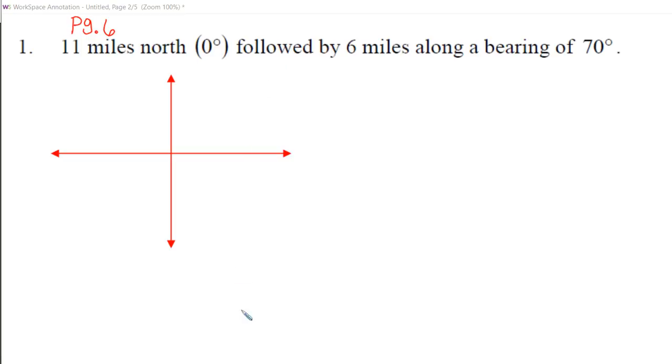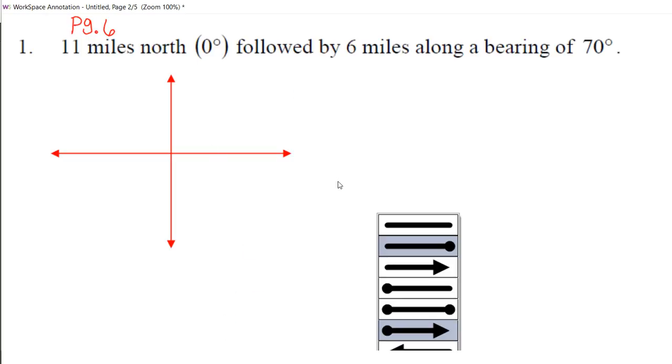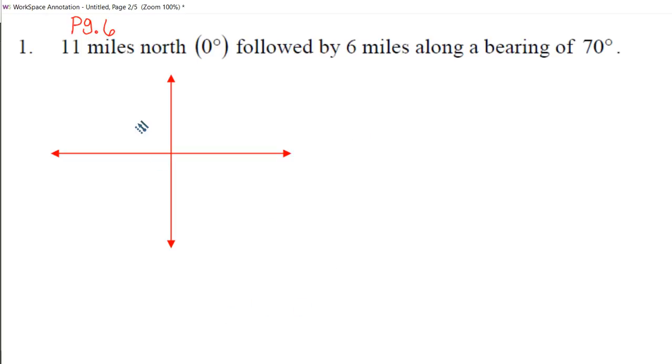So it says 11 miles north, which is 0 degrees. So let's go ahead and get there. I'm going to draw my vectors with this. So here we are, from 0 to there. That black line, I'm going to make thicker so we can see.